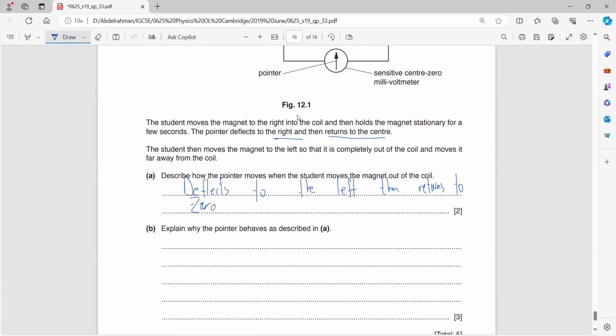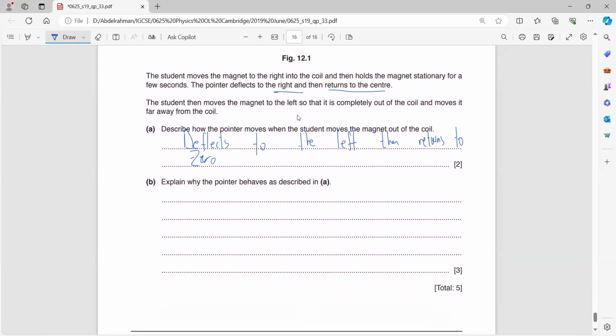Explain why the pointer behaves as described in A. Why does the pointer deflect to the left or to the right? Because of a magnetic field. What has the magnetic field? The magnet. Okay, so the magnetic field of the magnet, what does it do?